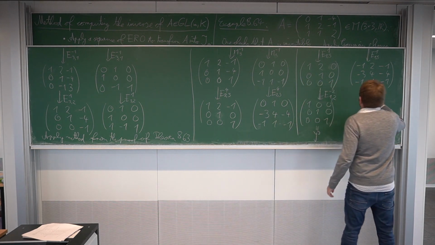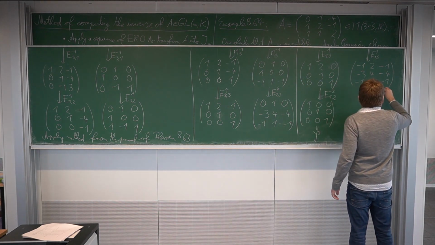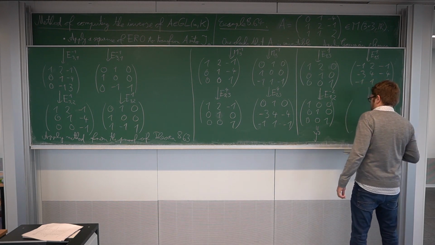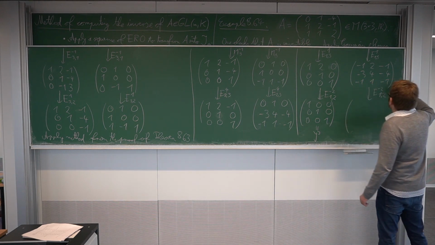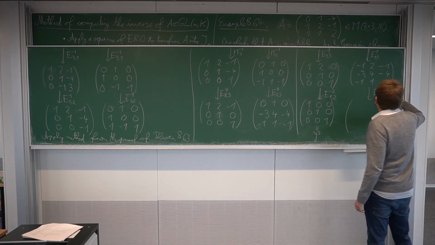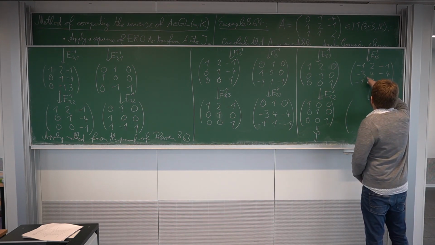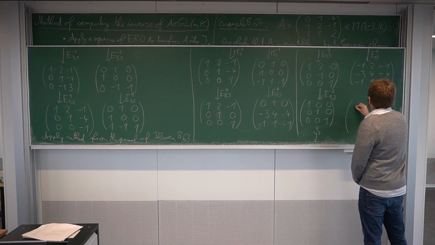And here we do the same, E minus 2, 1, 2, which gives, now it becomes a bit messier, so minus 2 times this added to this. So this is plus 6 to this gives 5.